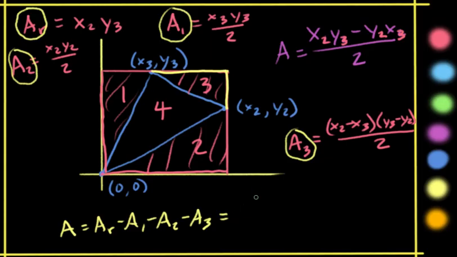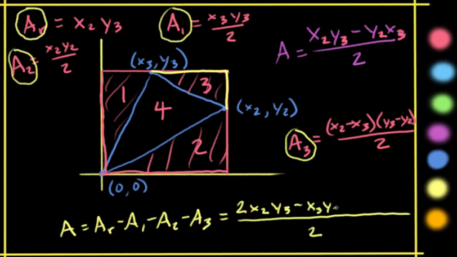So looks like I've got a lot of things divided by 2, so maybe I'll make AR 2x2 y3 all divided by 2. At the end I'm going to divide everything by 2, so this whole thing is going to be divided by 2. So I need to subtract A1, which was x3 y3 divided by 2, x3 y3, and then the divide by 2 is here. And then A2 is x2 y2.